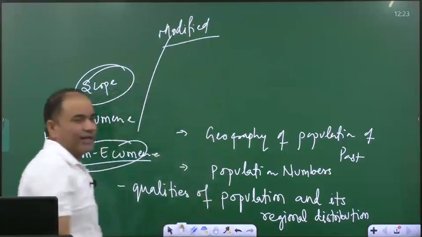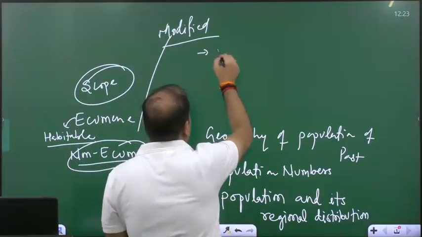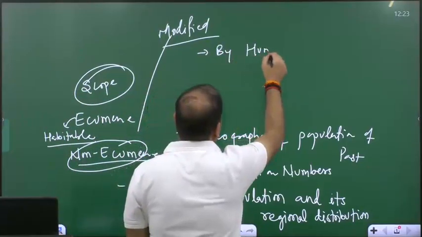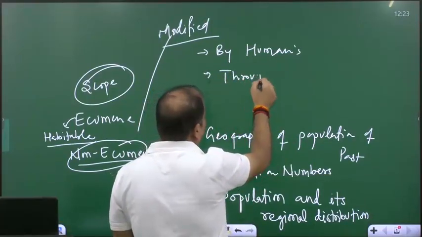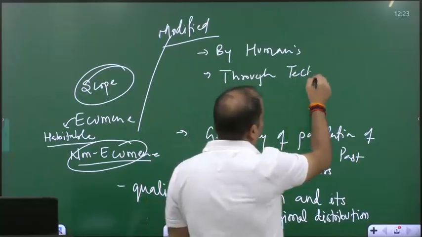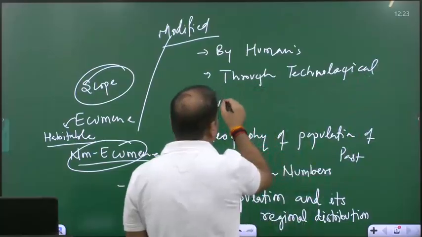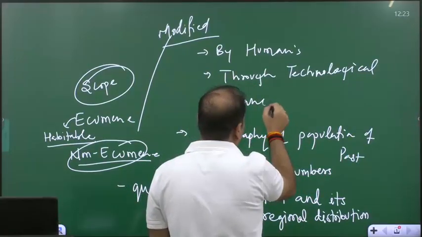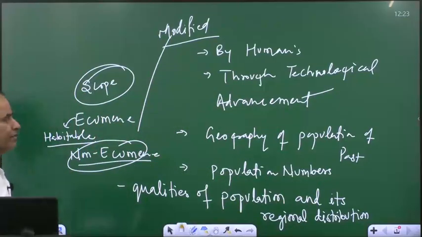How can it be modified? Simply by humans, and most importantly through technological advancement. So ecumene is habitable, non-ecumene is non-habitable.